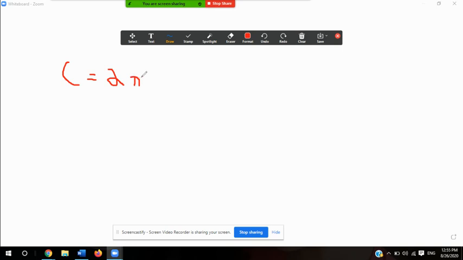Let me see if I can do that pi symbol a little better. That one looks better. Where r is the radius, okay? So on page 26, they're asking us to solve for r.